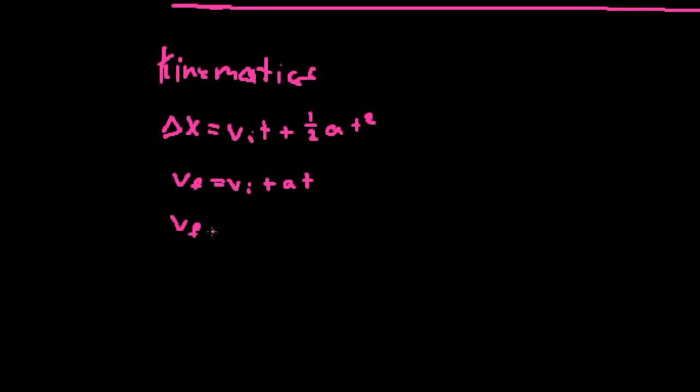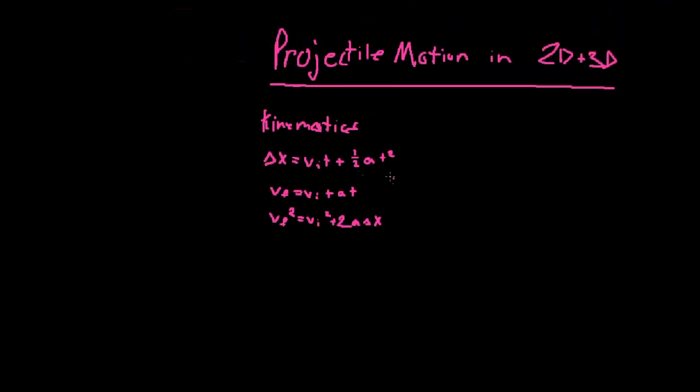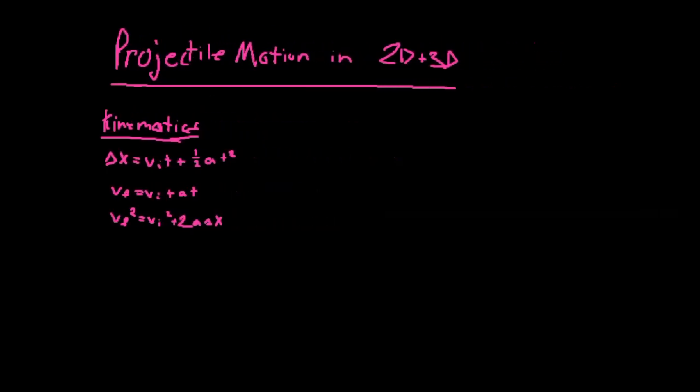Our last kinematic equation can be represented as final velocity squared equals initial velocity squared plus 2 times acceleration times the change in x. We will use these kinematic equations to solve for unknown variables in the problems we are solving.